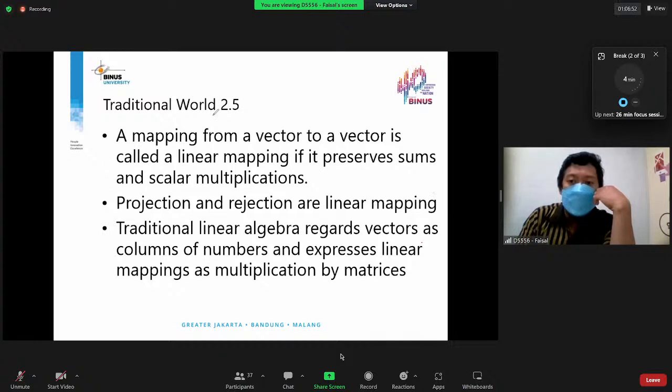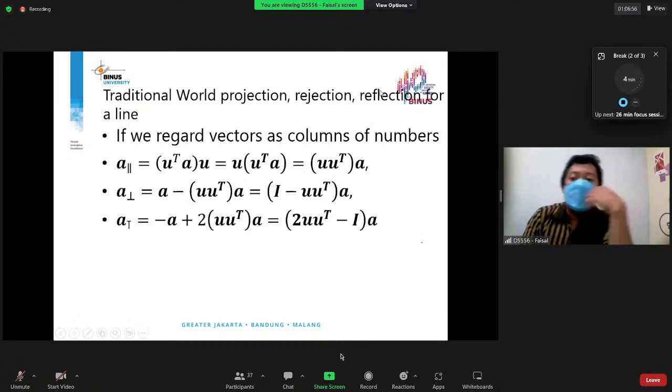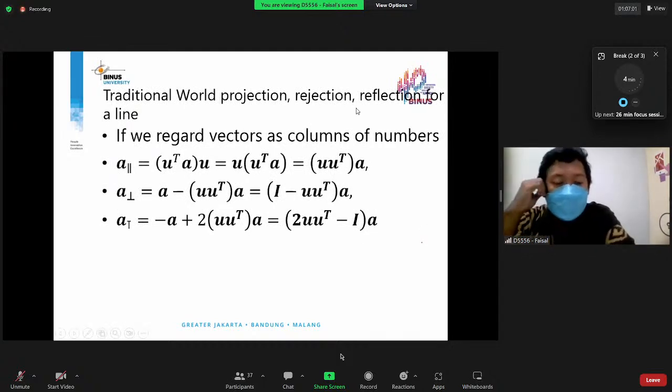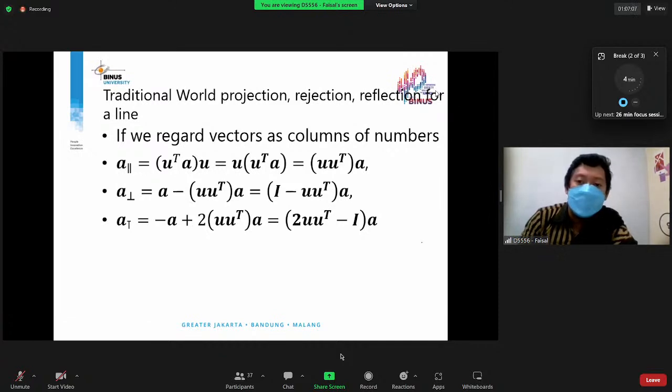So if we want to know what is the matrix of projection, we regard vectors as columns of numbers.